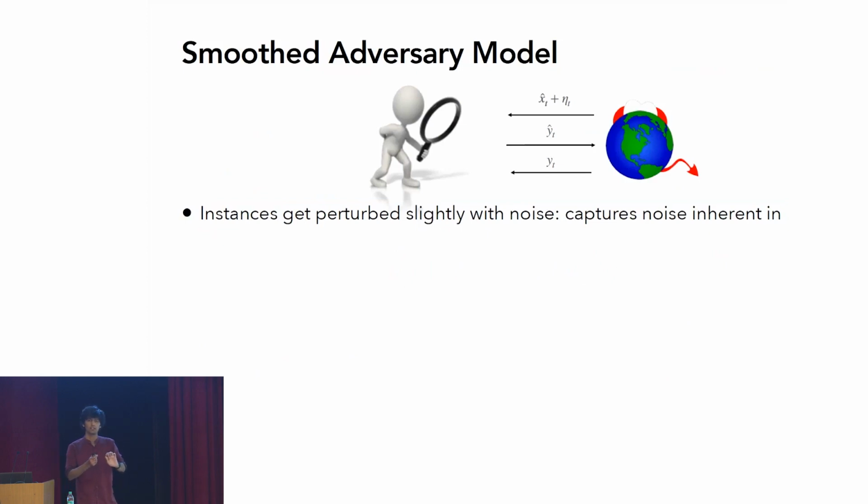This is similar to standard smoothed algorithm analysis. Are there any other questions? If the noise is small, that is correct. So we'll get some bounds that depend on the noise rate. We'll see what exactly it is, but for sufficiently small noise.